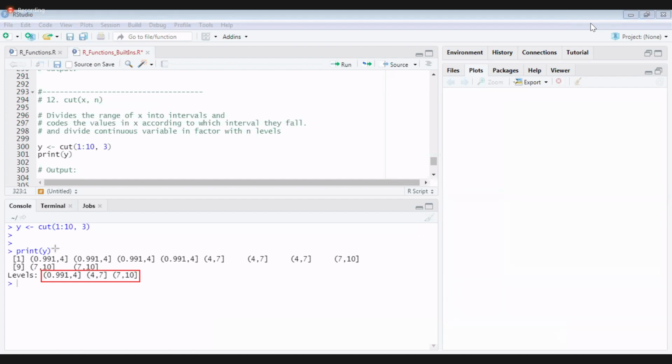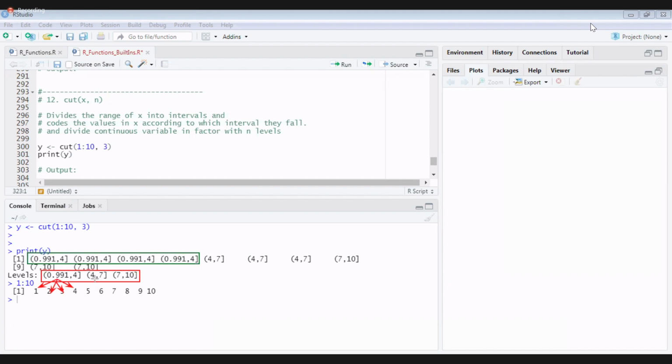Then whatever values fall between the first two limits, approximately 1 to 4, that is 1, 2, 3, 4, those are replaced by this interval label. So you'll have a total of 4 of these values.